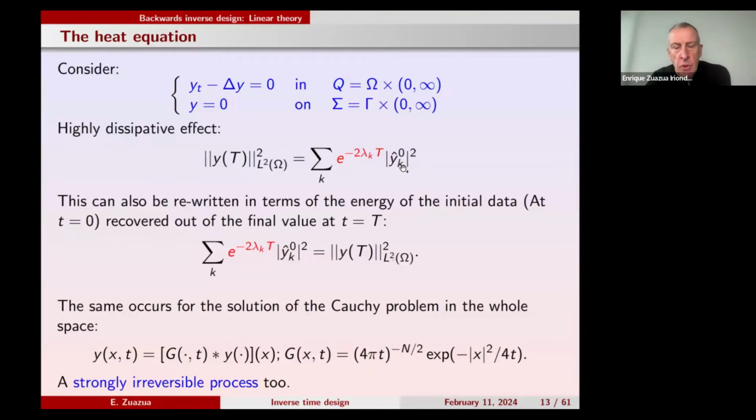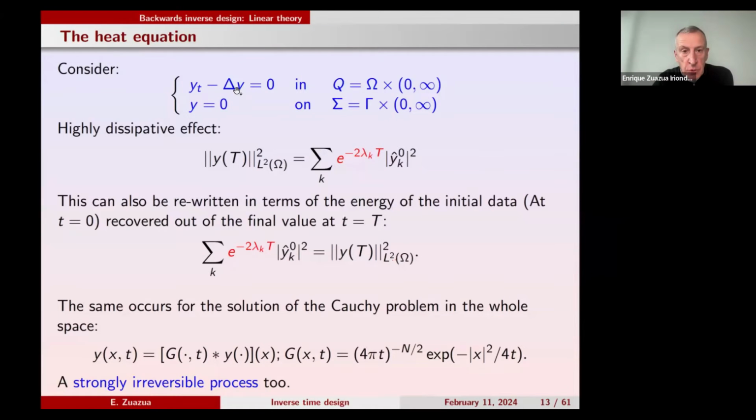Okay, so then I ask you, can you guarantee that the initial datum is in some negative Sobolev space H minus s? And you will tell me no either, because in order to guarantee that the initial datum is in the space H minus s, I could only allow here a polynomial degeneracy on lambda k to the power minus 2s, but never exponential.